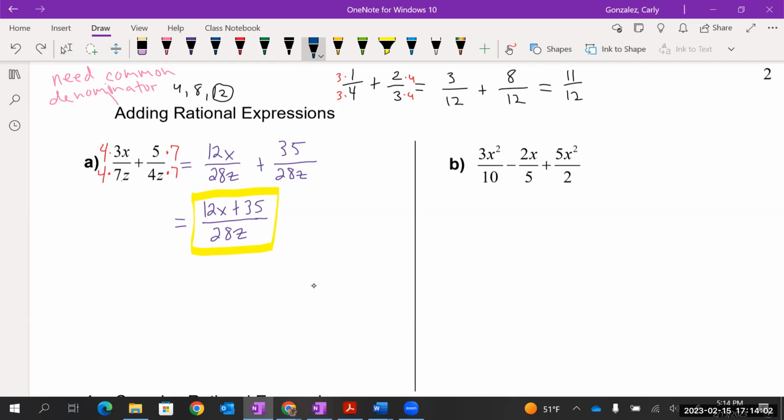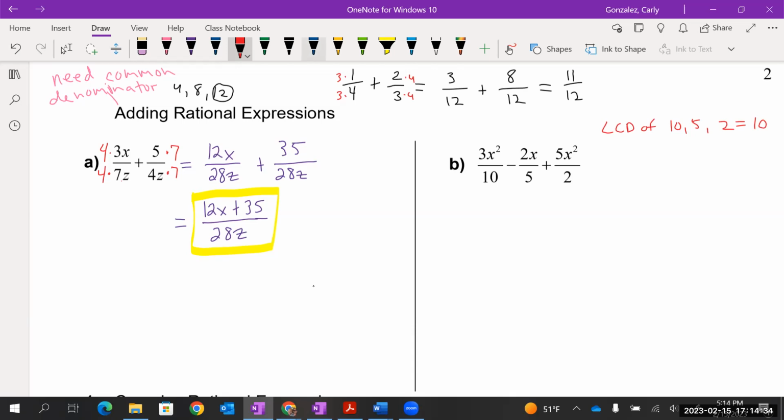So now we're ready. We have 3x squared over 10 minus 2x over 5 plus 5x squared over 2. So now we need to find the least common denominator between 10, 5, and 2. If we look at the biggest denominator there, 10, notice that 5 goes into 10 and 2 goes into 10. So our least common denominator of 10, 5, and 2 is 10.